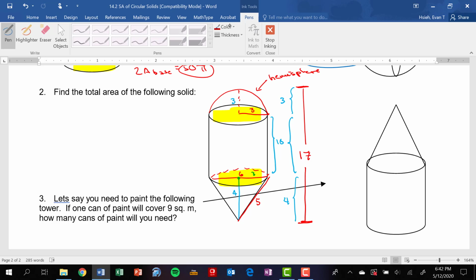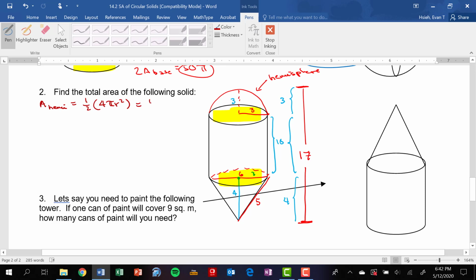Okay, since I can't touch it, let's break down each part separately. The hemisphere, the surface area of the hemisphere. It's just going to be 1/2 of the surface area of a sphere, 1/2 of 4 pi r squared, or 2 pi r squared.